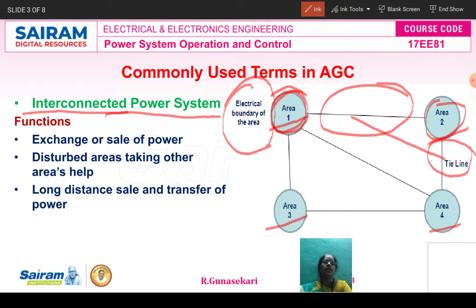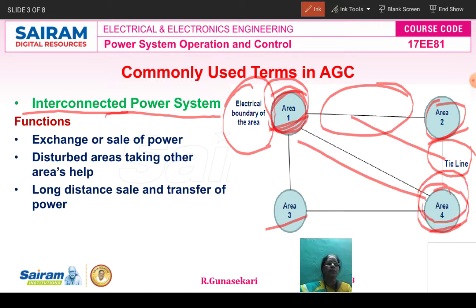You see here area 1 is here, and here is area 4. Both are interconnected through tie lines only. Suppose the power shortage is in area 4, that is power system 4. For area 4, three options are there. Either buy the power from area 3 or area 1 or area 2.